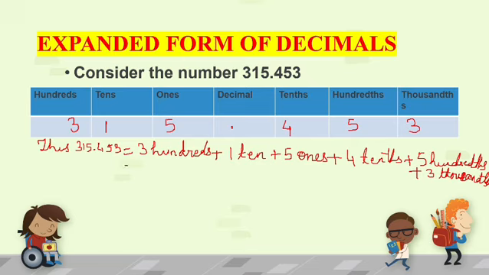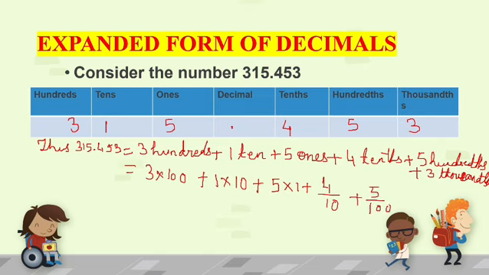We are going to write 3 into 100, plus 1 into 10, plus 5 ones means 5 into 1, plus 4 tenths means 4 by 10, plus 5 hundredths, 5 by 100, and then comes your 3 thousandths, 3 by 1000. So this is how you write the next. This is your expanded notation.